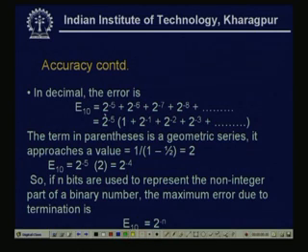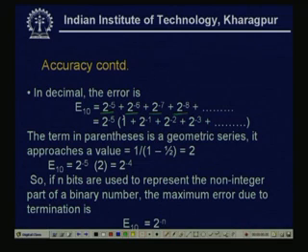This is 2 to the power minus 5 for the 5th bit. This is the error for the 6th bit, 1 into 2 to the power minus 6, then 2 to the power minus 7, 2 to the power minus 8, and so on. Now, if I take 2 to the power minus 5 common, then it will be 1 plus 2 to the power minus 1, 2 to the power minus 2 plus 2 to the power minus 3, like that.